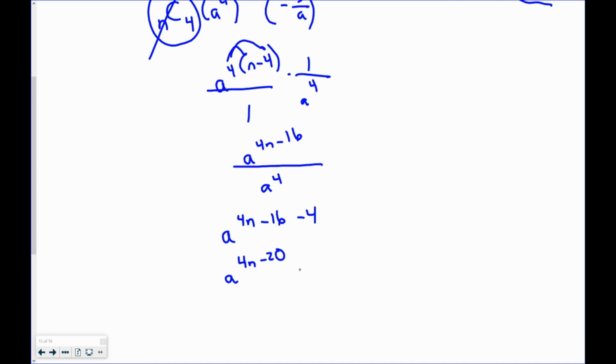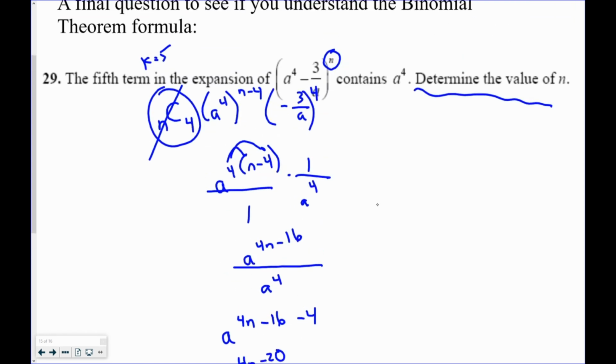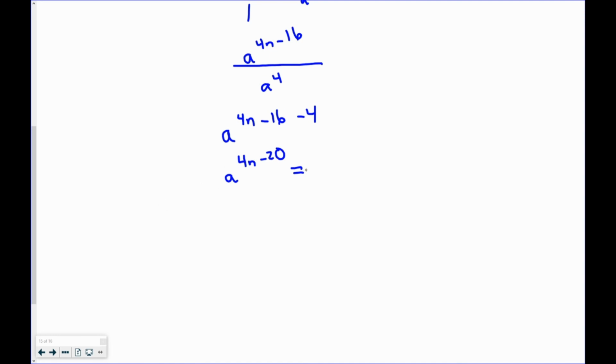Now we know, because it says over here that this contains an a to the 4, that this has to equal a to the 4. And now you can solve. You're back in the logs unit. Check it out, same base. What do you do with the exponents? Boom. Solve this equation, and you get that n equals 6. Add 20 to both sides, divide by 4.